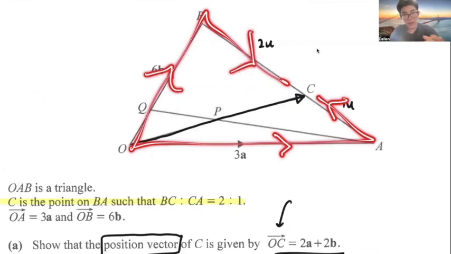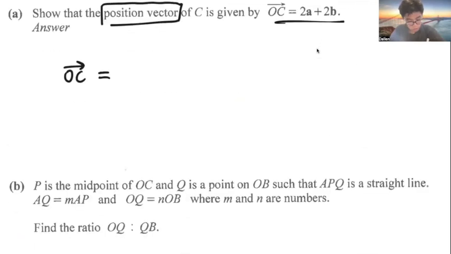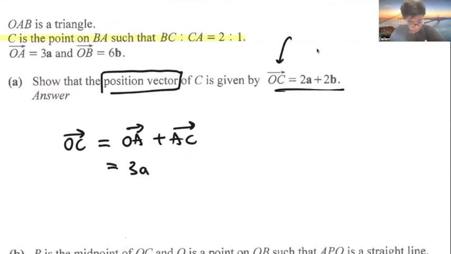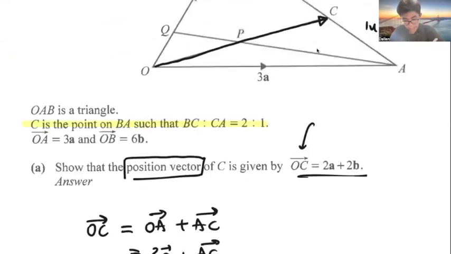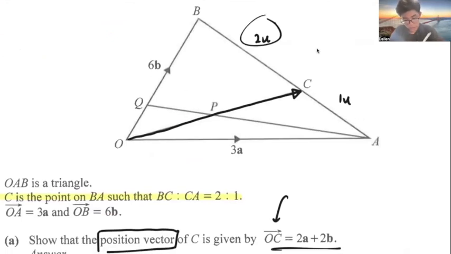Both ways will work, but let's pick this way. So it will be OA plus AC, and OA we know is 3A plus AC. Now, this is the problem, right? We don't know what AC is. All we know is that this is 1 unit and this is 2 units.